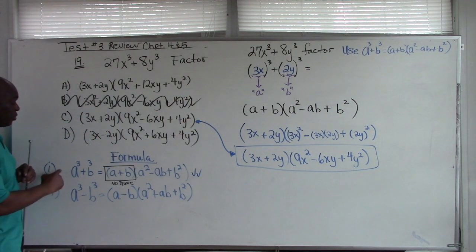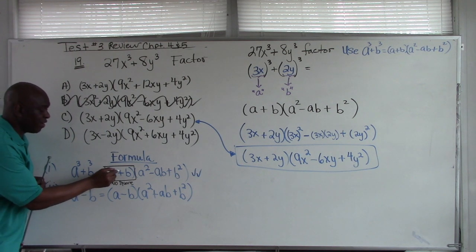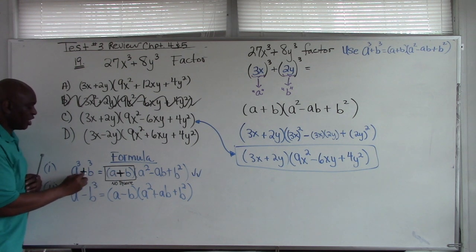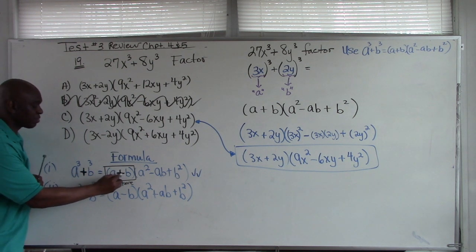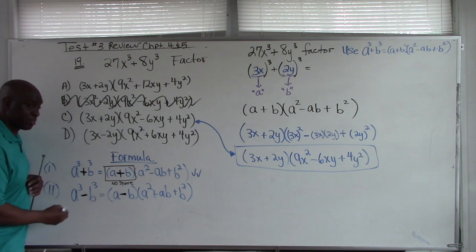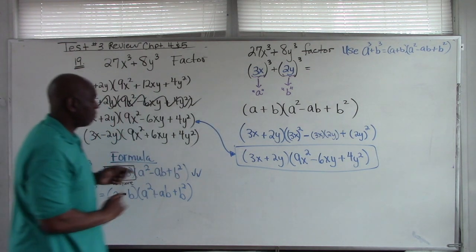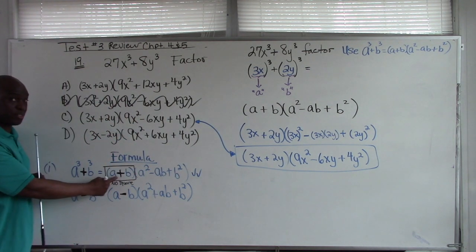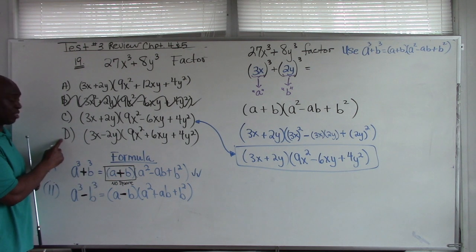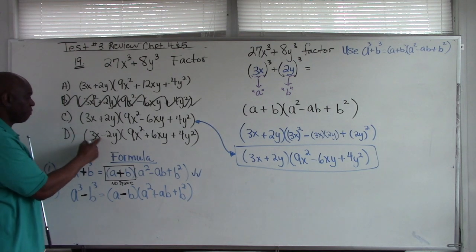Furthermore, since we're using formula number 1, notice this sign right here has to be plus. If this is plus, then the first sign has to be plus. If this is minus, then the first sign has to be minus. Here's a plus, sum, so the first sign has to be plus. Which means I can get rid of d, because this first sign is minus. So d has to go.